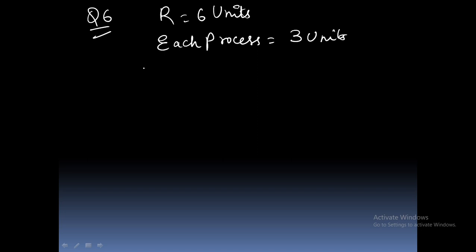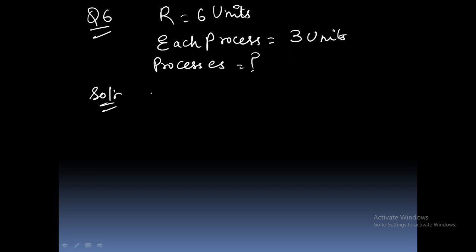Now we have to find how many processes can be present at maximum so that no deadlock will occur. This question is just the same as the previous question which I have discussed in the previous slide.